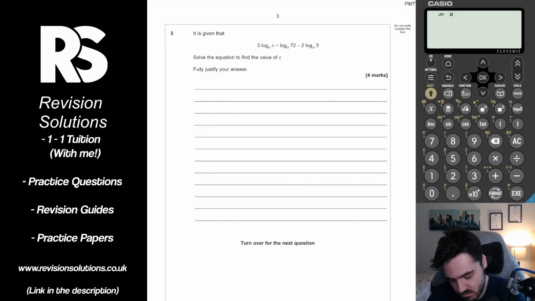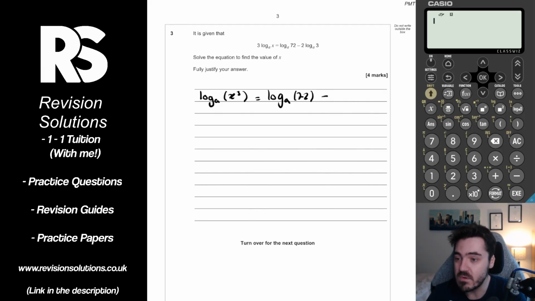So rewriting the equation doing that, we'd have log base a of x cubed equals log base a of 72. And it would be minus log base a of 3 squared, but that's just 9, so we'll write log base a of 9.